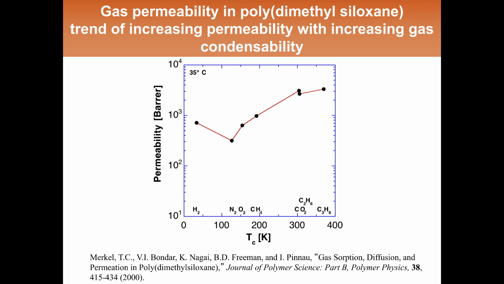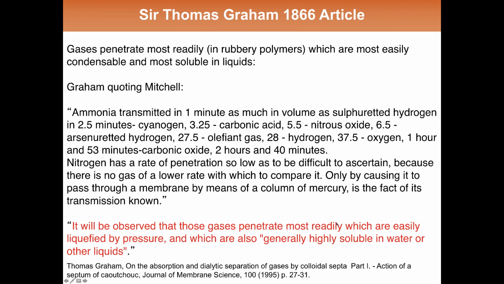And in materials like polydimethyl siloxane, there's often a reasonable trend in the overall permeability, or the net rate of transport of gas, with critical temperature or tendency to condense. And this is what Graham was getting at. It will be observed that those gases penetrate most readily which are easily liquefied by pressure, that is, highly soluble.